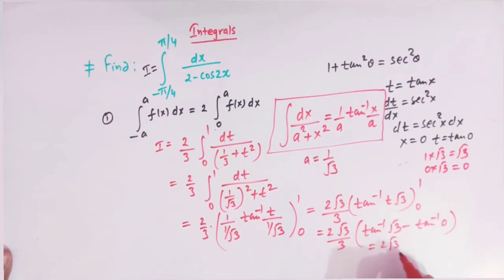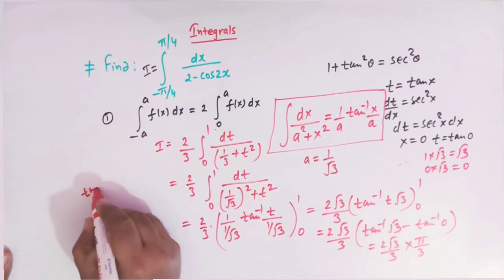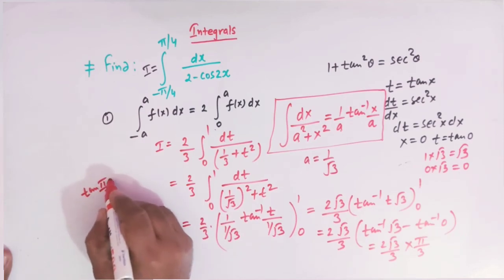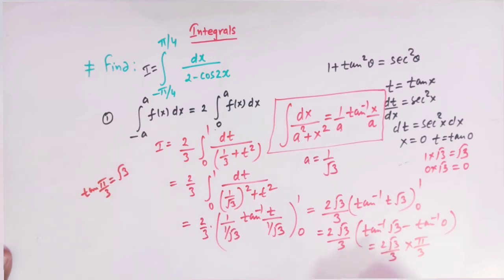So now we can write 2 root 3 over 3, and here we have tan inverse of root 3, which is equal to pi by 3, right? Because tan pi by 3, that is tan 60 degrees, is equal to root 3, and tan inverse of 0 is equal to 0, right?